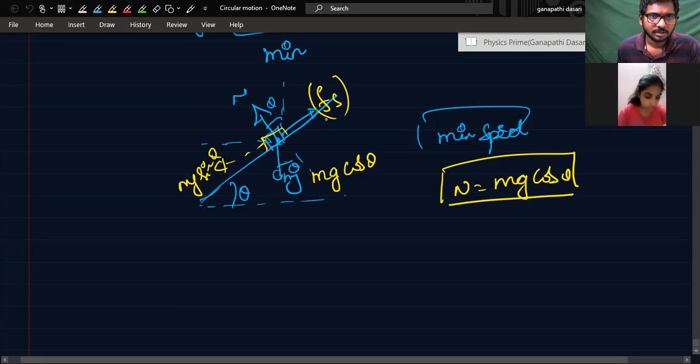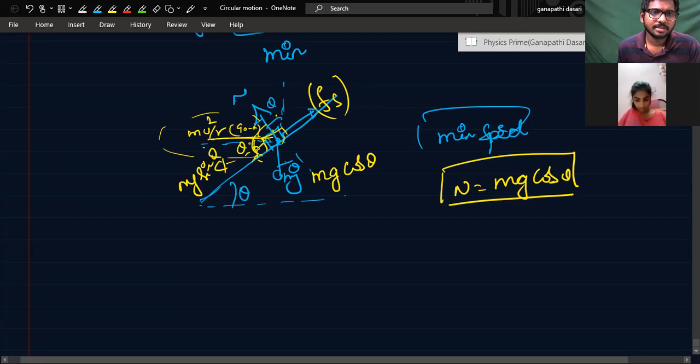Okay. Now, mv square by r: if I am standing here and trying to find out, there will be mv square by r in this direction. So if this is theta, this is 90 minus theta, this will become theta, right? So this will become this side. mv square by r I am resolving along this plane.